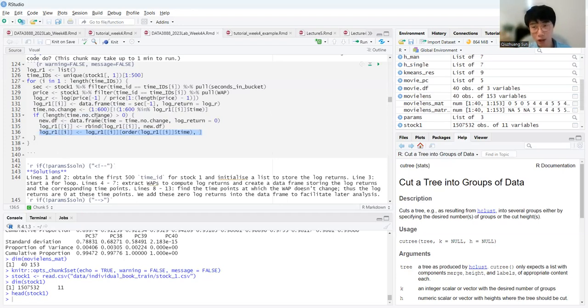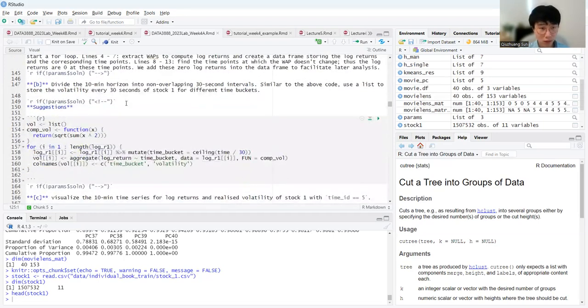It just extracts the time information and the log returns information of a specific stock with a specific ID. And for each time ID, I store the corresponding data frame as one element in this list, log R1. Okay, and later on we will use this list for analysis.